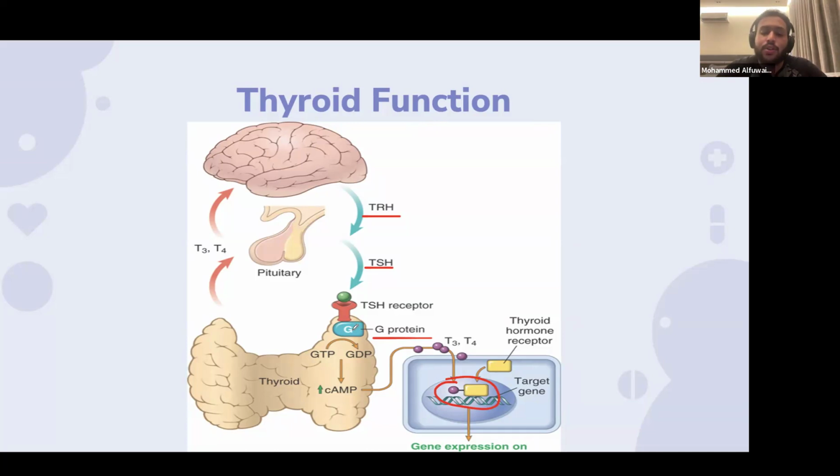So this is basically the axis. If they have hypothyroidism, with low T3, T4 and high TSH, this is primary hypothyroidism. If they have low TSH and low T3, T4, this is secondary hypothyroidism. So this is basically the terminology.